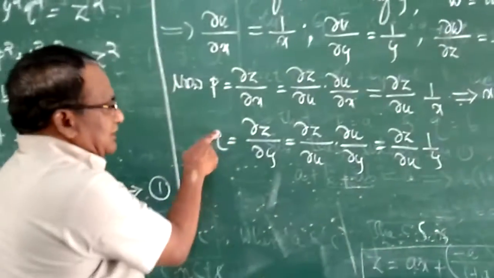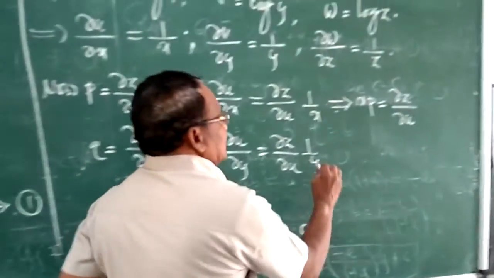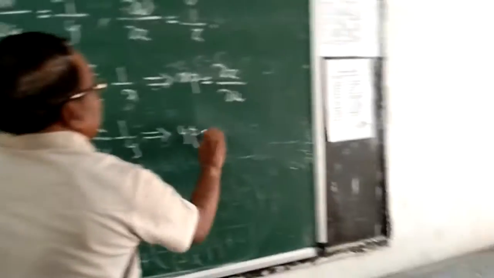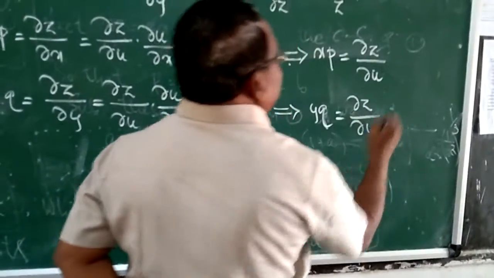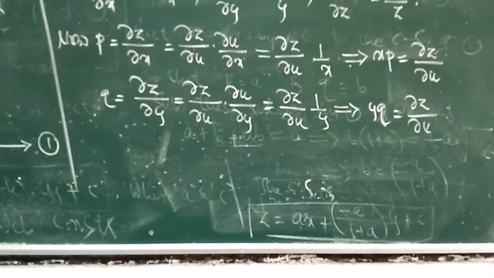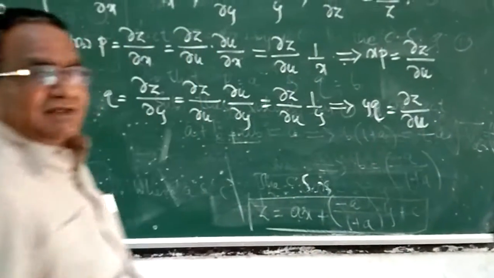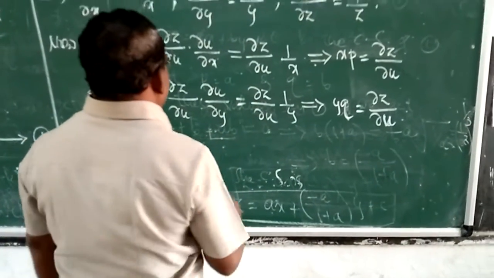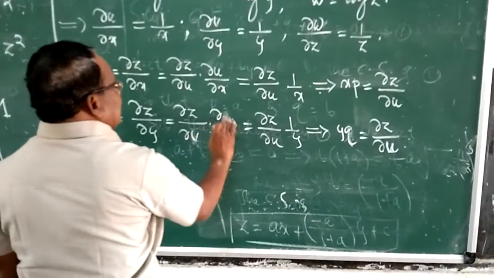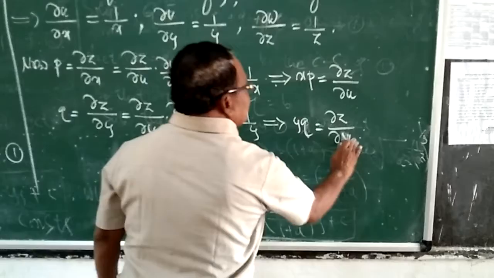Thus we have obtained q is equal to 1 over y into dou z by dou u. On cross multiplication, you can see yq is equal to dou z by dou v, and dou z by dou u into dou v by dou... Is it right?